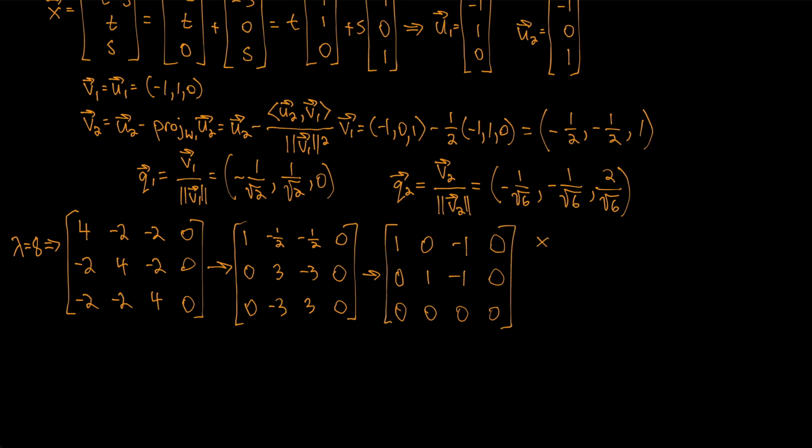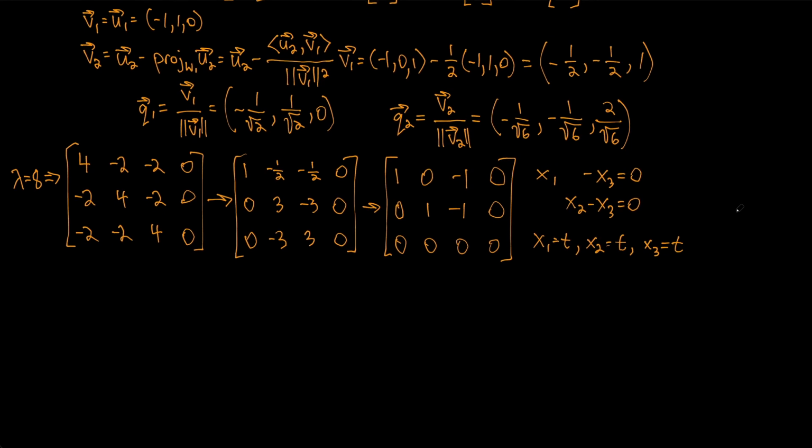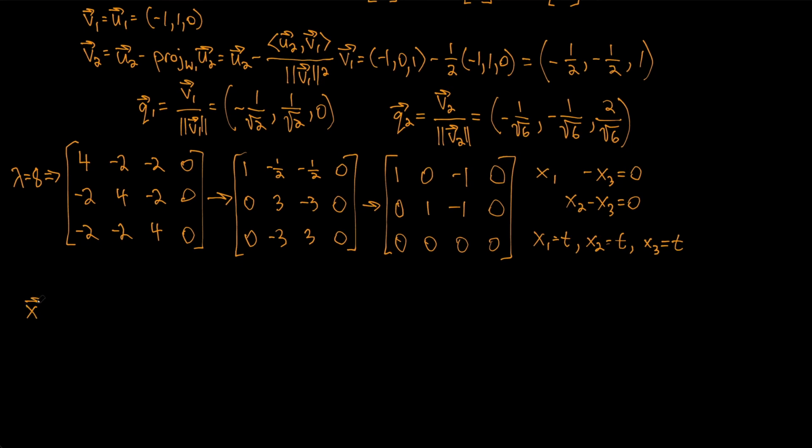So that gives us x1 minus x3 is equal to 0, x2 minus x3 is equal to 0, which means that we can make x3 our free variable, a parameter, let's say t, which means x2 and x1 are both equal to t because we just move x3 to the other side. So they're all equal to t, and that gives me a vector x equal to t, t, t.